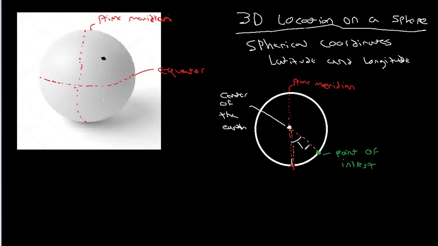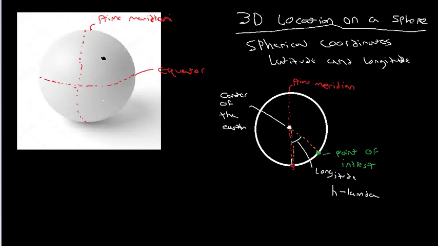Right? This angle right here, this is our longitude. You'll often see longitude abbreviated as lambda. That's all it is, it's the measure from the prime meridian to the center of the Earth to the point of interest.